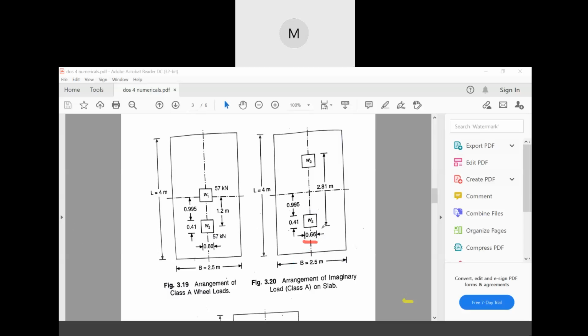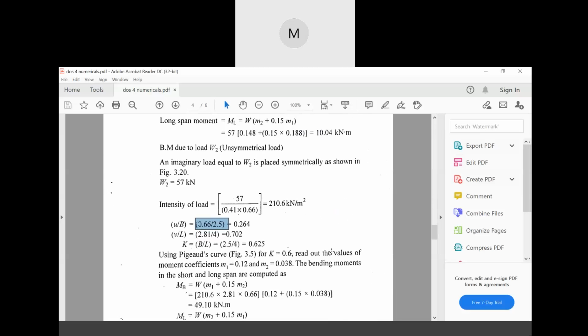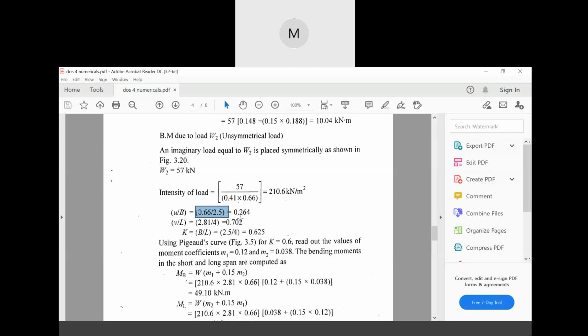This is U, so U by B will remain the same. But since we have put the load W2 on this side also, the distance between these two loads should be small v. So the difference here is only this one. So small v by L is 2.81 divided by 4. This is how we'll find small v by L.